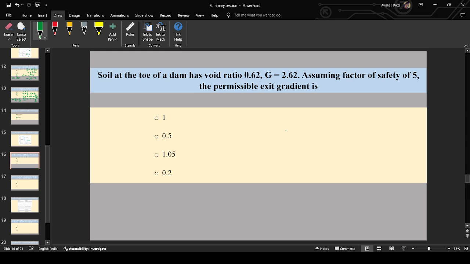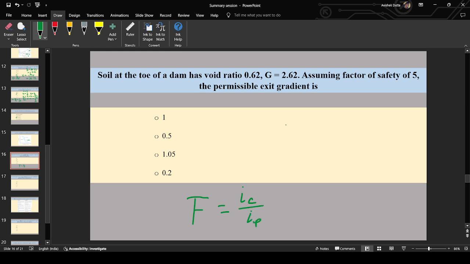Now, for the exit gradient, we need to first find out the critical hydraulic gradient. Why? Because the factor of safety is equal to the critical hydraulic gradient divided by the permissible exit gradient.